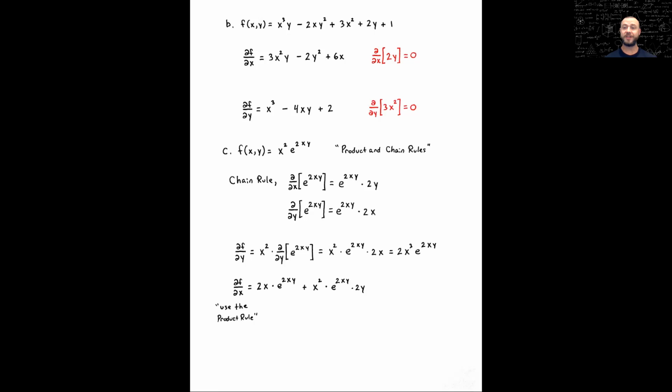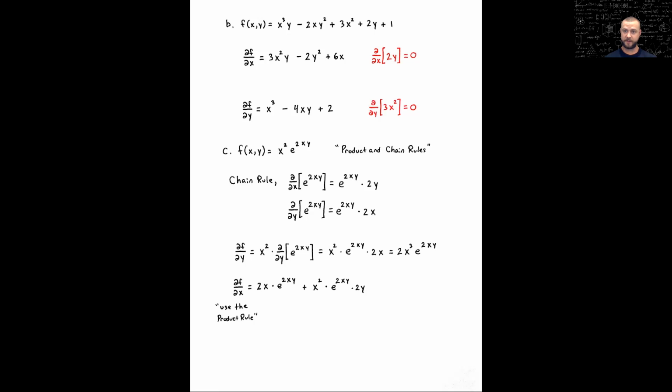So if we partially differentiate the first function with respect to x, that works out to 2x. We multiply by the exponential function. We then add to that x squared times the x partial derivative of the exponential function, which we worked out above with the chain rule. If we put it all together, that's how we incorporate the product and chain rules into partial derivatives.